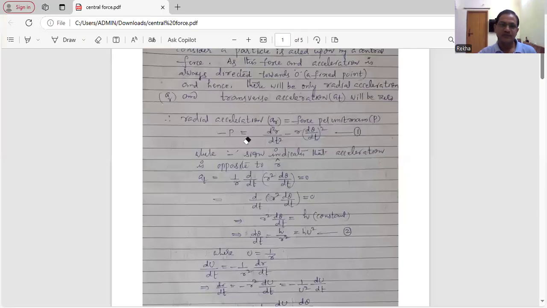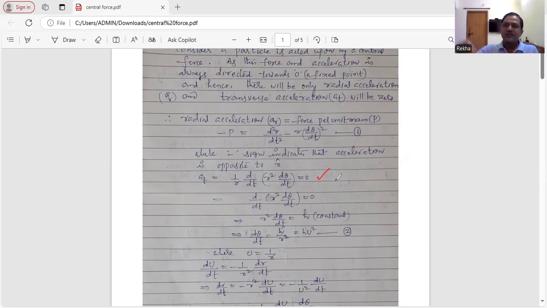The negative sign indicates that the acceleration is opposite to r cap, where r cap is the unit vector away from the center along the radius vector. Now the tangential acceleration a_t is equal to 1 by r d by dt of (r square d theta by dt), and that should be equal to 0.